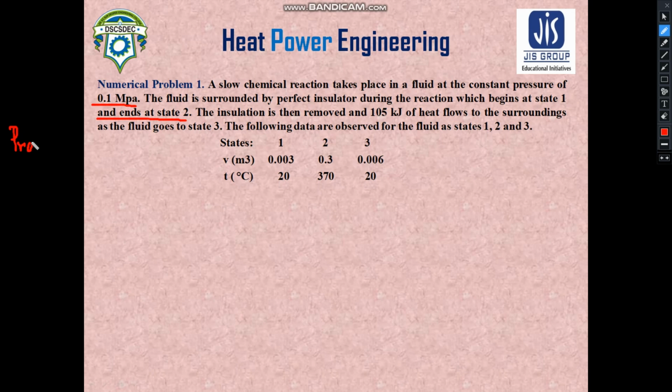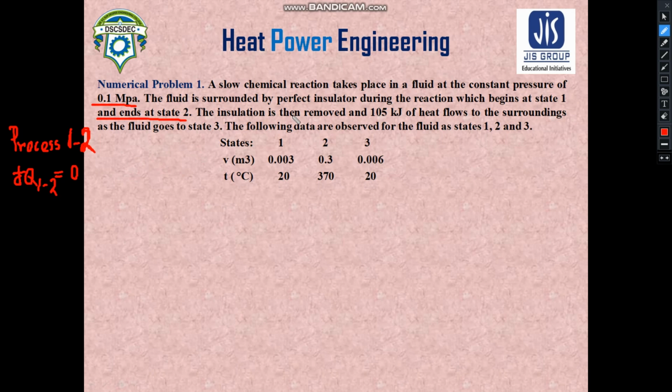During process 1 to 2, there is a perfect insulator present, and obviously if there is an insulator, there will be no heat transfer. So it is quite obvious that the heat transfer during process 1 to 2 is 0.